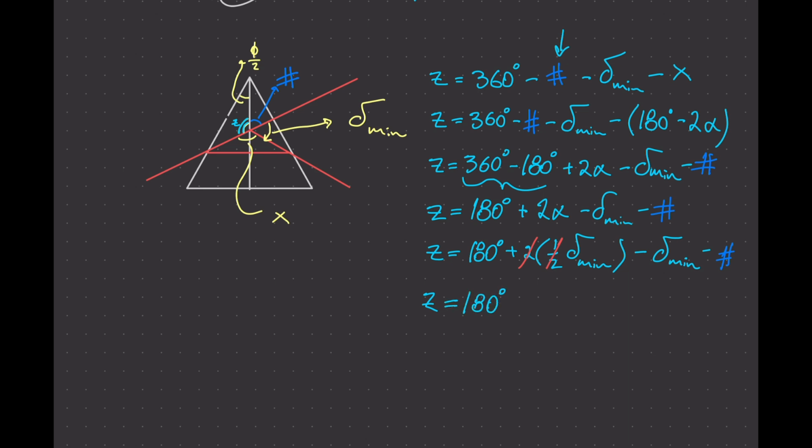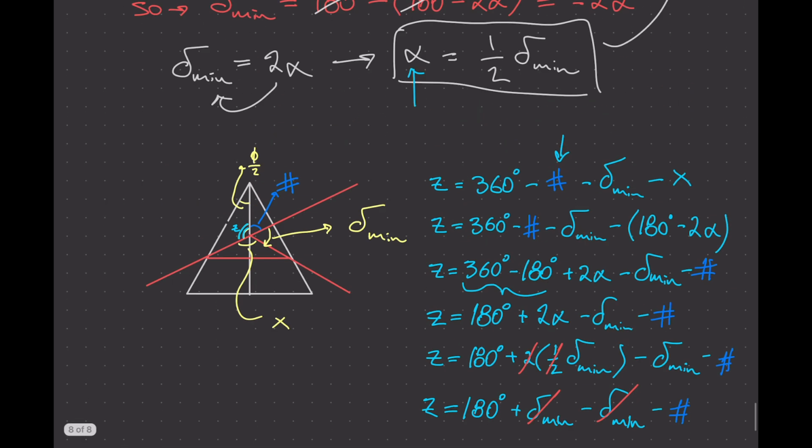So it looks like here there's a plus delta min and a minus delta min, and they cancel perfectly. At the end of the equation, we have the minus blue hashtag. And we can simplify the equation for Z as much as we can here, which leaves us with 180 minus blue hashtag.